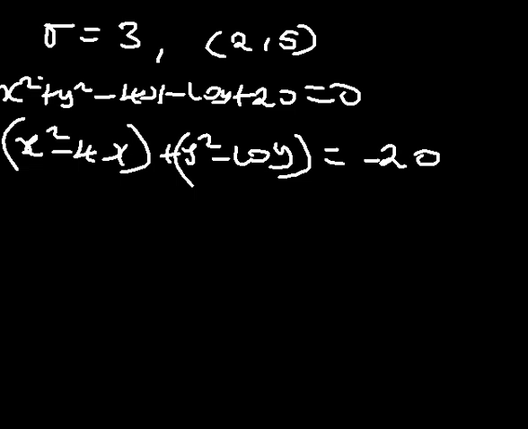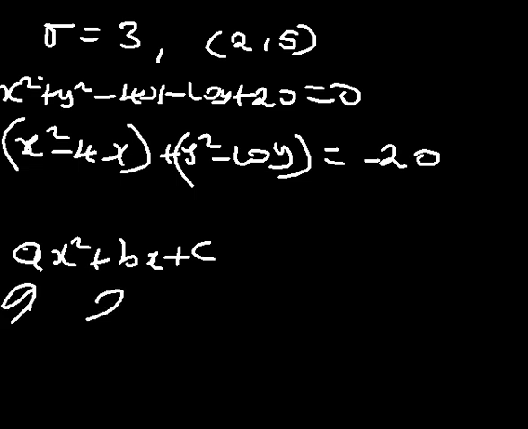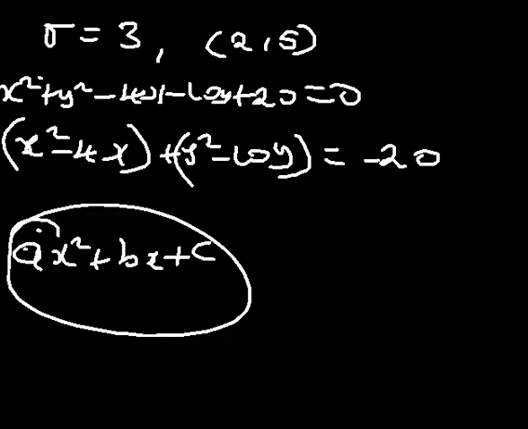Let's go back to the general form of the quadratic expression. We have it as ax squared plus bx plus c, where a, b as well as c are constants. That much we discussed. And we discussed one of the ways in which you can solve a quadratic equation, and that is what you call the completing the square method.